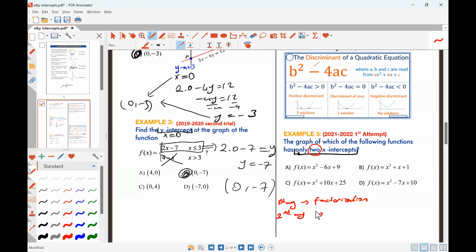The other way is using the discriminant. You may remember the discriminant from grade 10 and 11. The discriminant of a quadratic equation is b squared minus 4ac, where a, b, c are the coefficients of x squared, x, and the constant, respectively.